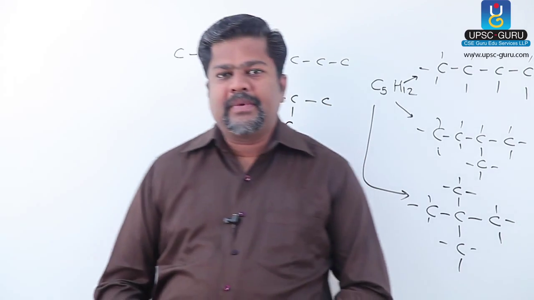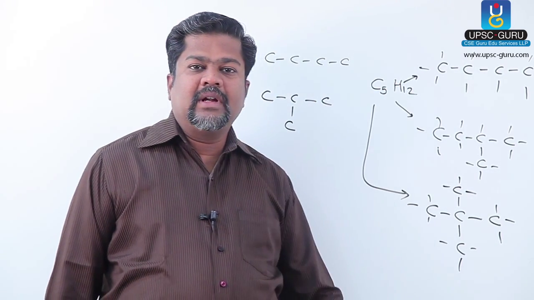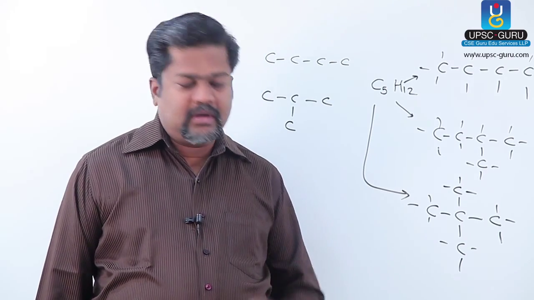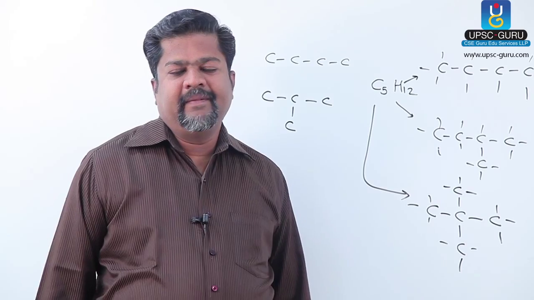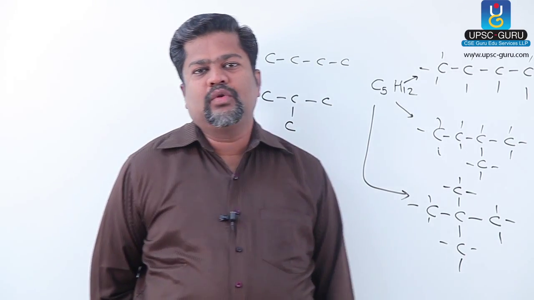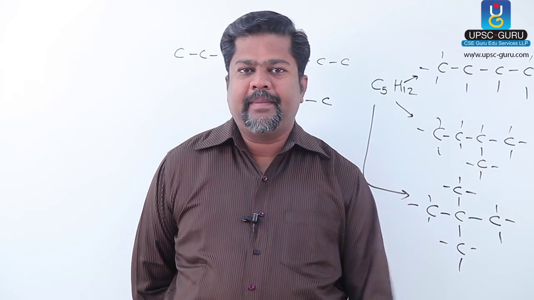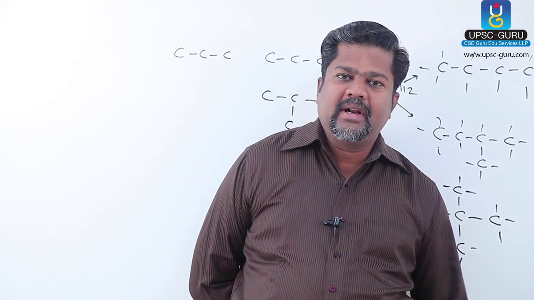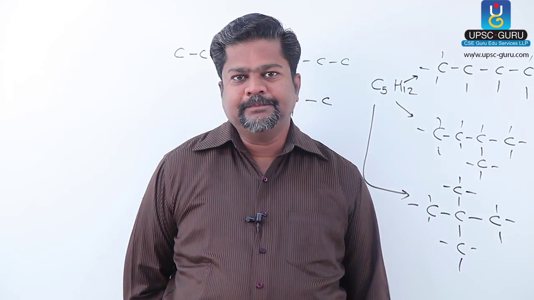So as the number of carbon atoms increases, the number of isomers increases, and therefore it is difficult to name only under the category of pentane, hexane, heptane, like that, because as the number increases, the possibility of isomerism also increases.